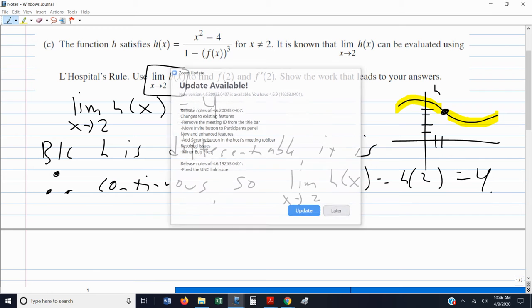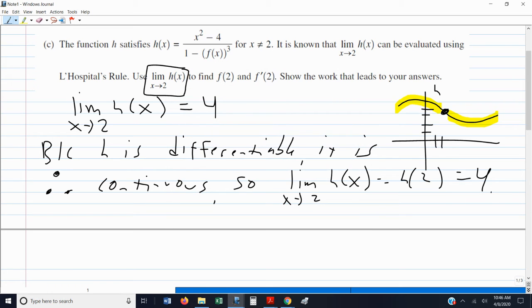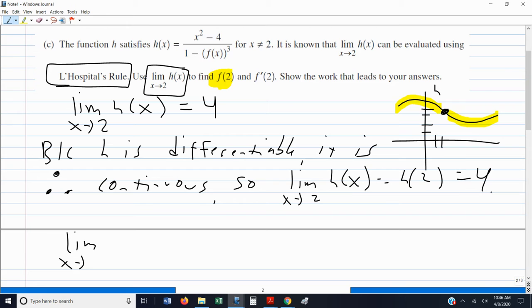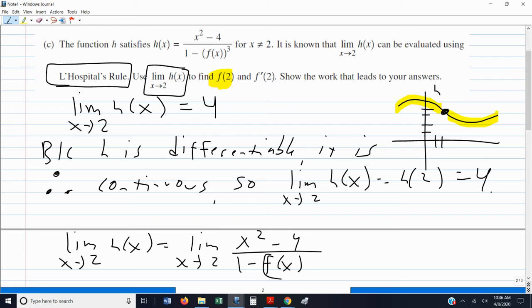So then we are going to use that idea. The first thing that we're going to figure out is f of 2. And I'm going to start with the fact that they told me I could use L'Hopital's rule. Okay, so the limit as x goes to 2 of h of x. h of x is the same as x squared minus 4 over 1 minus f of x cubed.